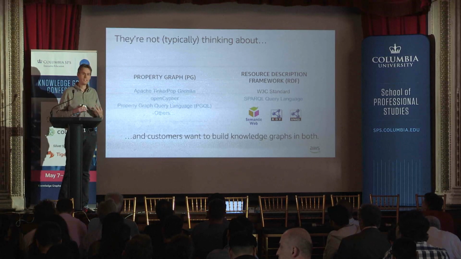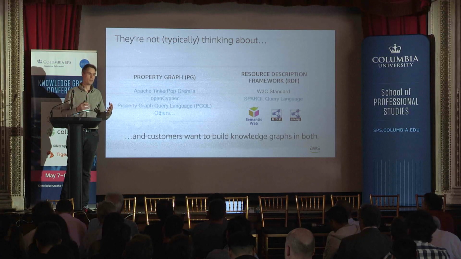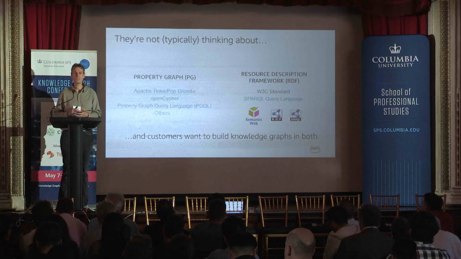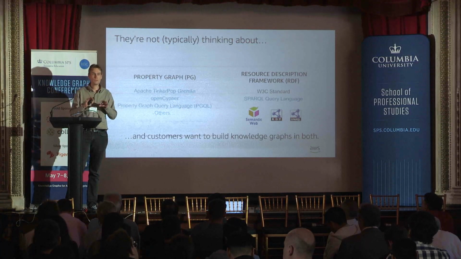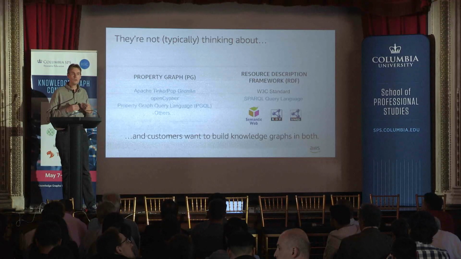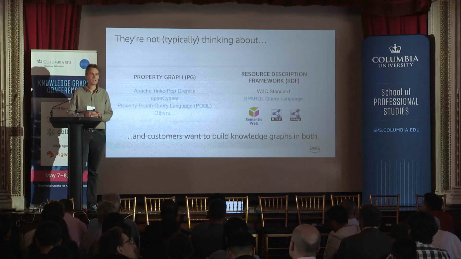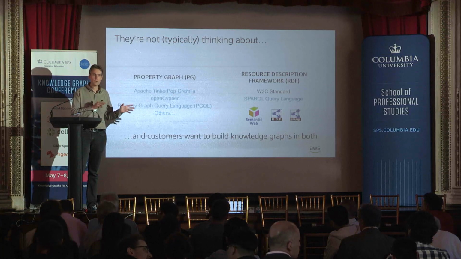But customers, at the end of the day, they want to build knowledge graphs with both models, and there are lots of factors that go into why one particular model is right for a particular organization or not. You need to go into it with your eyes open. You need to understand what's important about your application. What level of semantics do you need?